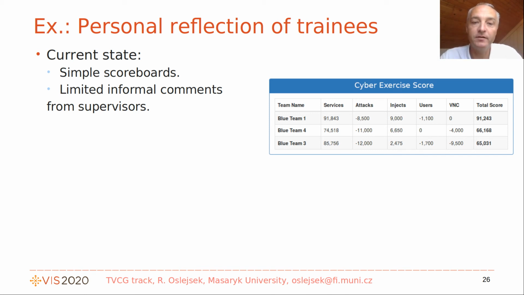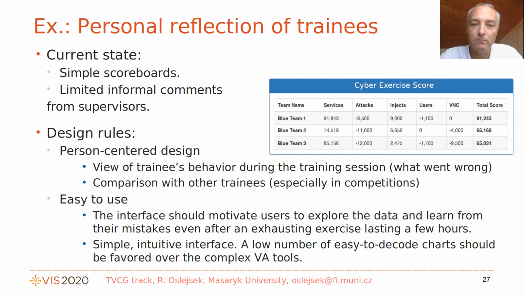Here, the obvious feedback has just the form of a simple scoreboard or limited informal comments prepared by supervisors. And we claim that more valuable visual feedback should be person-centered, providing a view of the trainee's behavior during the training session and comparing his or her behavior with other players.